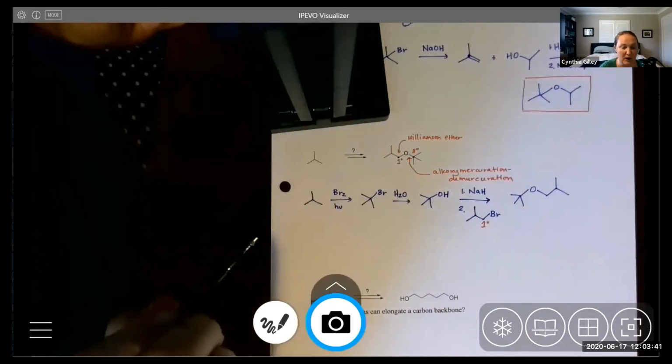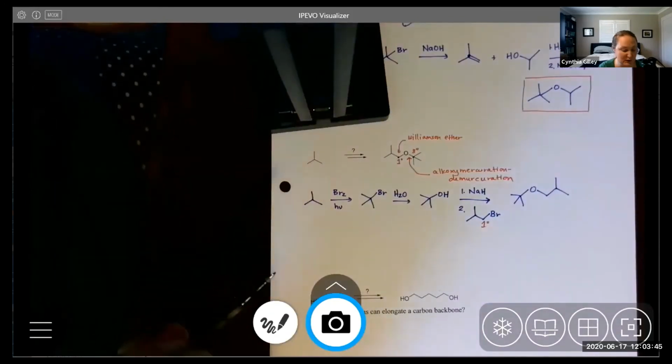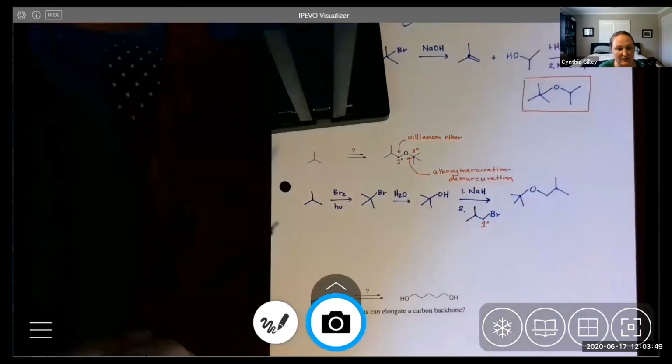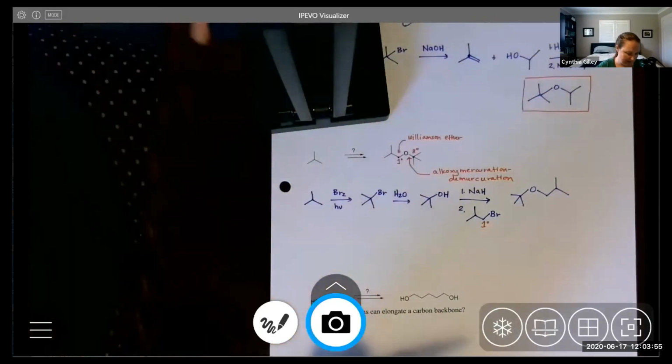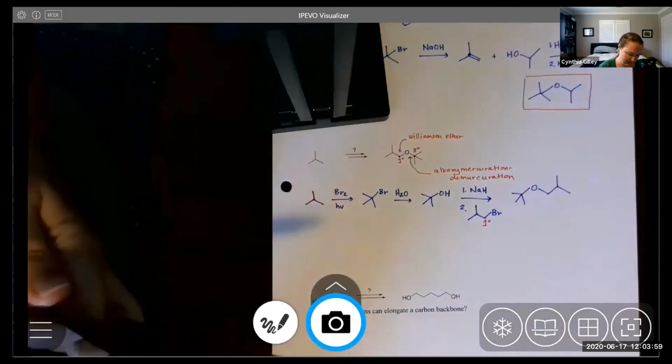Bromide would leave, water could add. Or you could do two steps: an elimination and addition reaction to get to the alcohol. Either way, but it can be done in one step, so that's what I wrote. Okay, so that's the Williamson ether approach.